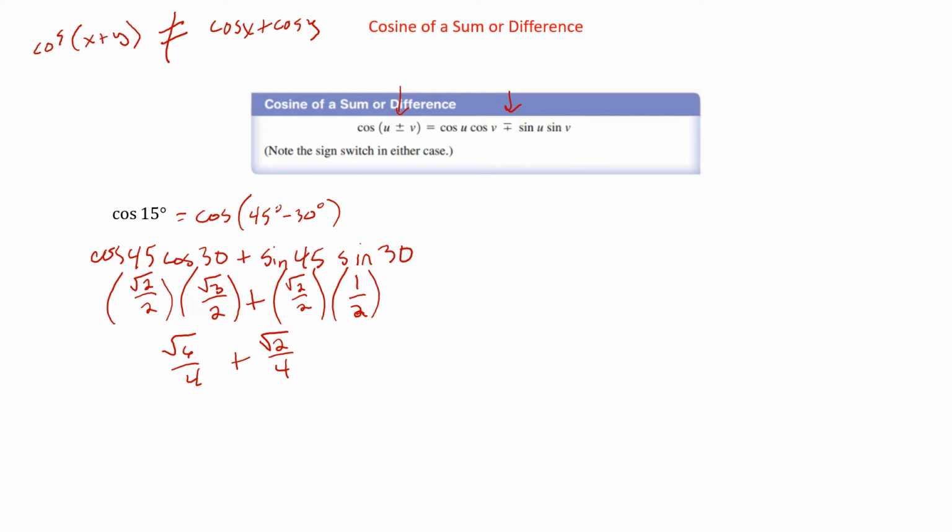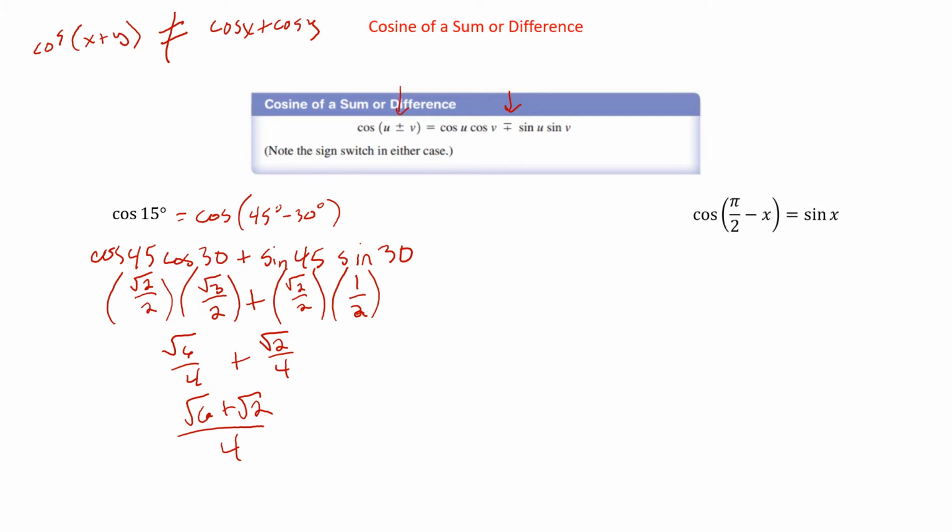There's really 4 choices: root 6 over 4 plus root 2 over 4, root 6 over 4 minus root 2 over 4, and then flip them around, root 2 over 4 plus root 6 over 4, and root 2 over 4 minus root 6 over 4. And so we can find those exact values. If we wanted to write it as one fraction, it would be root 6 plus root 2 over 4. You can't combine those roots.